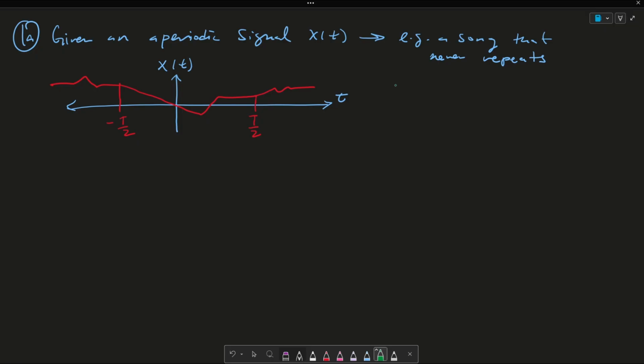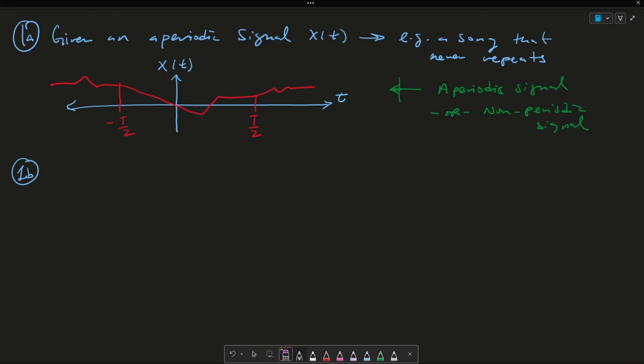So we can call this here an aperiodic signal, or we can call this a non-periodic signal. I hope this makes sense. Again, this is a building block to really understand on a fundamental level what the Fourier transform is trying to tell you.